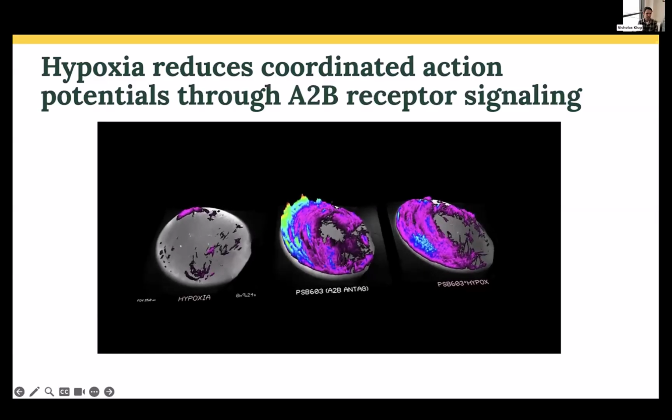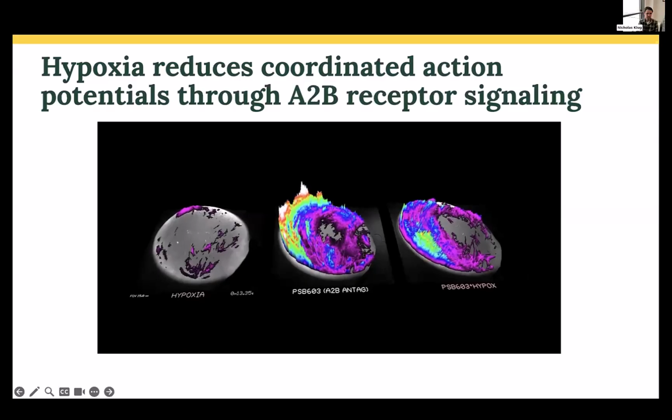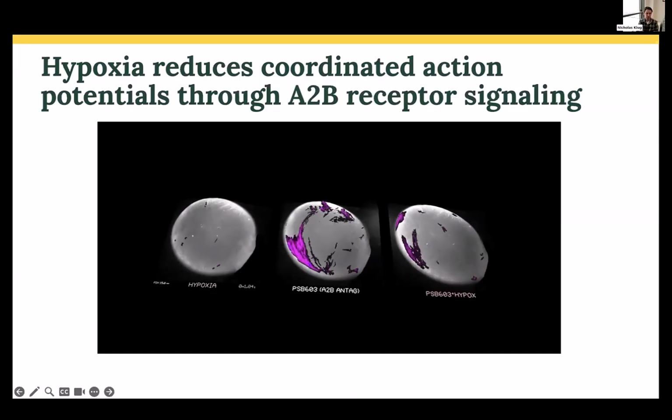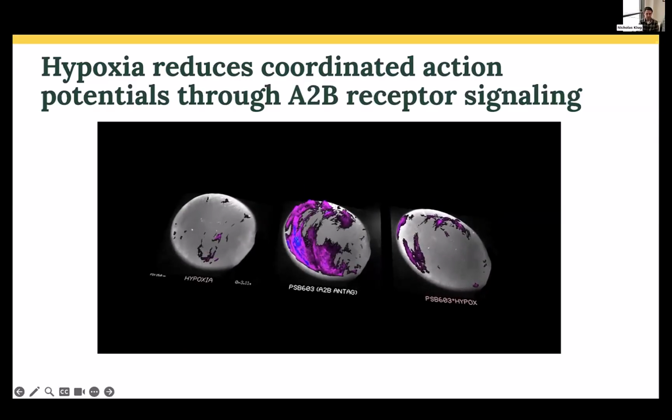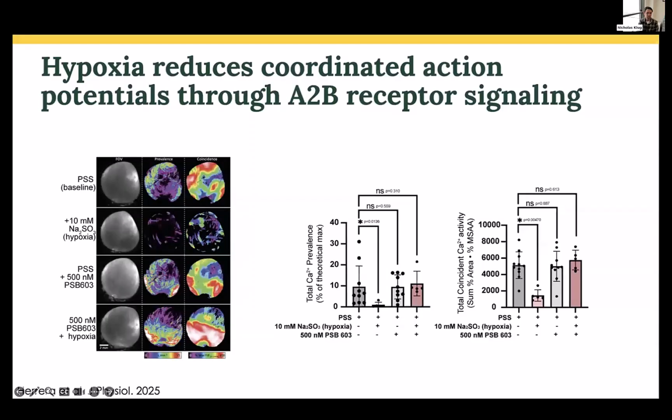Pre-incubation with A2B receptor antagonists looks a lot like control conditions, and then when we expose the bladder to acute severe hypoxia in the presence of the A2B antagonist, we see lots of action potentials going off across the bladder. And that's quantified here using prevalence and coincidence as a readout. And it looks a lot like adenosine. So no surprise there. It seems the hypoxia and the adenosine signaling go hand in hand in this tissue.